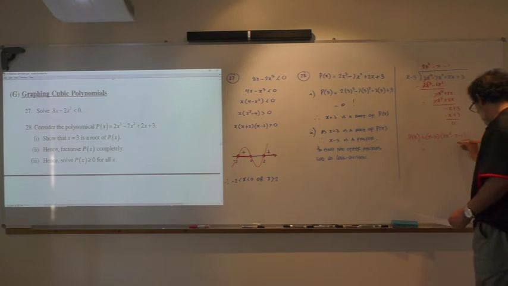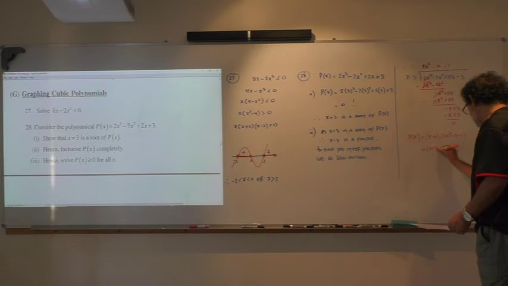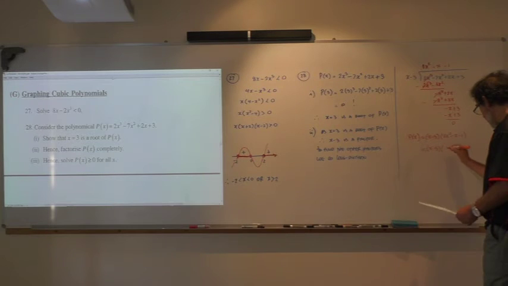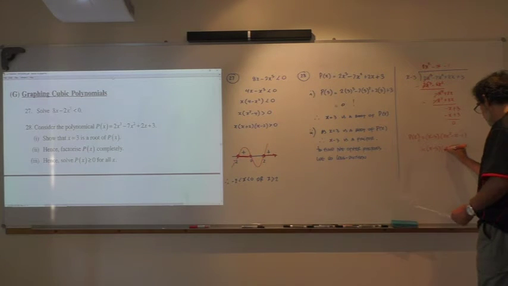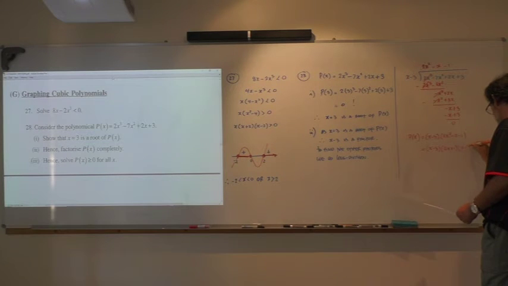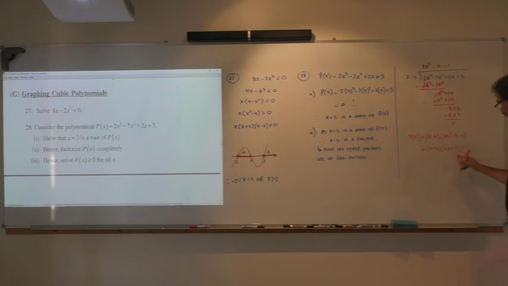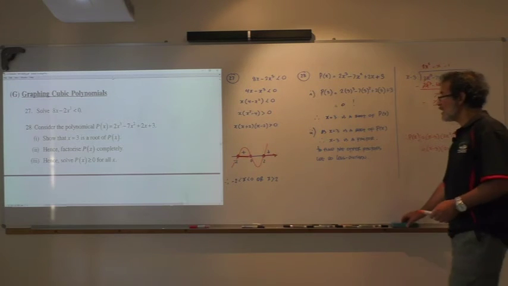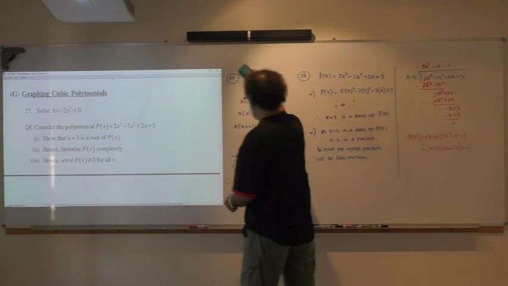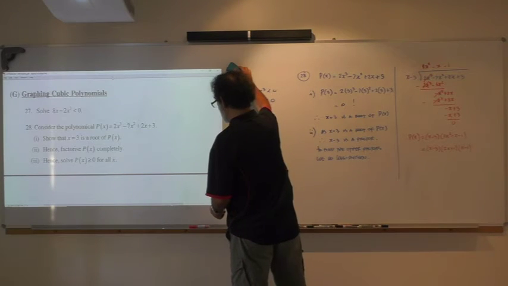If you factorize that, that will give you x minus 3, and 2x plus 1, and then x minus 1. So after factorization, that is what you have. So that is the answer for part 2.